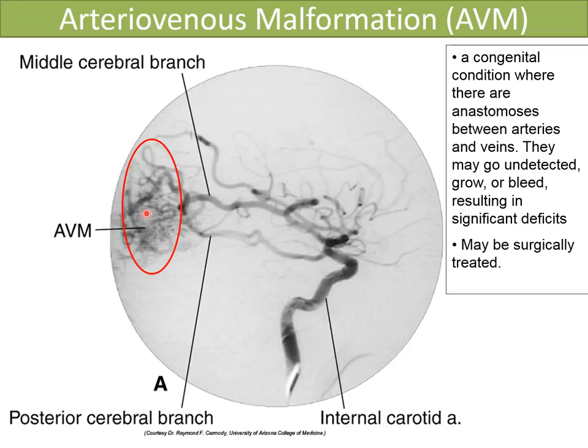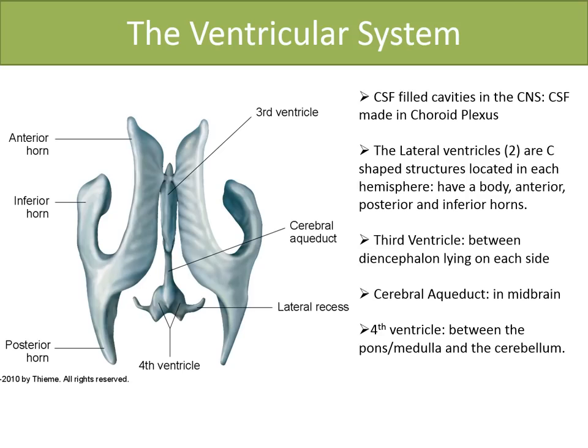They're often undetected for long periods of time, but they may bleed and produce very substantial deficits. It can occur between any nearby arterial and venous pathways, but they tend to be early in life, and they can be around for a long period of time before they have any symptoms associated with them.